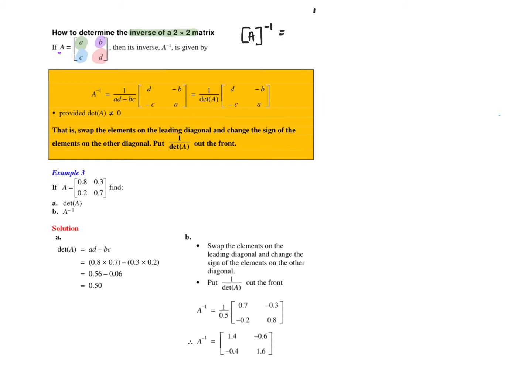It can be found by going 1 over A times the D minus the B times the C. So you can see that's the rule for the determinant, which is why they're writing the rule as 1 over the determinant.